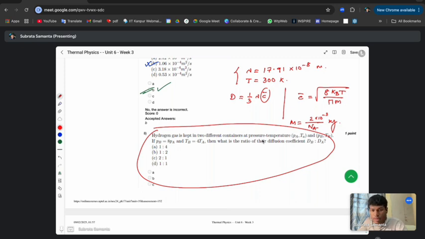If PB equals 8 PA and TB equals 4 TA, how PB is related to PA and how TB is related to TA is given. Then what is the ratio of the diffusion coefficients dB and dA? They also mention the hydrogen gas in both the containers.